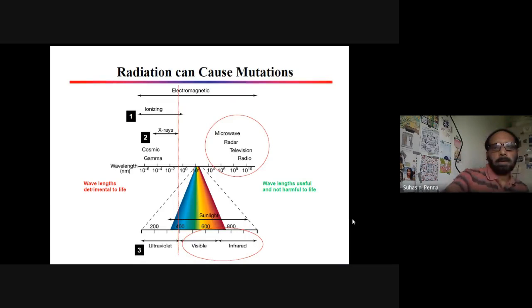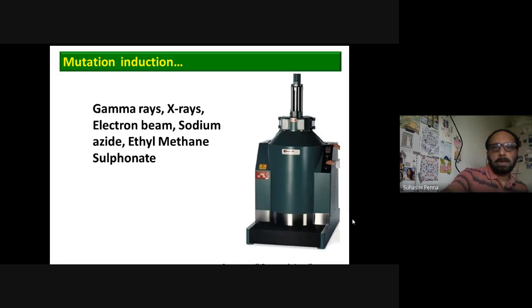Here I showed you ionizing rays, X-rays and gamma rays. As compared to X-rays and other mutagens, gamma rays have more penetrance and are more useful. Here is a typical gamma cell irradiator.